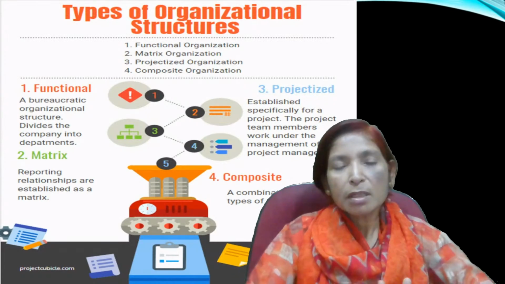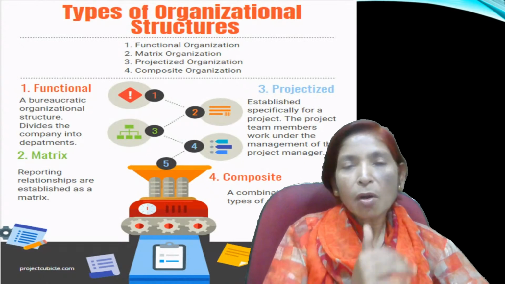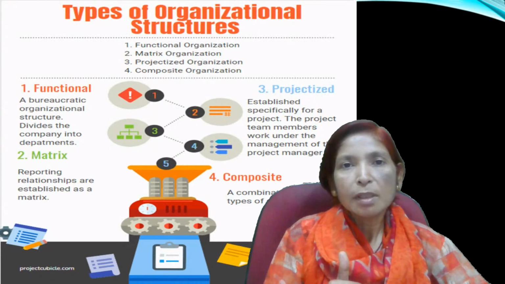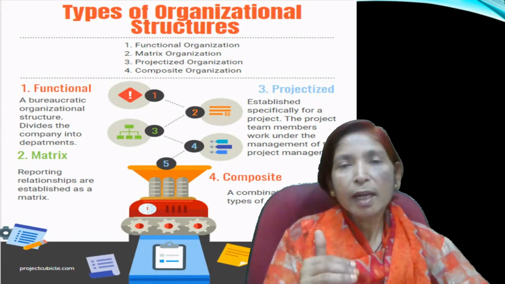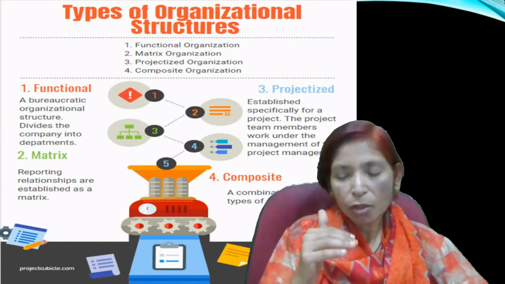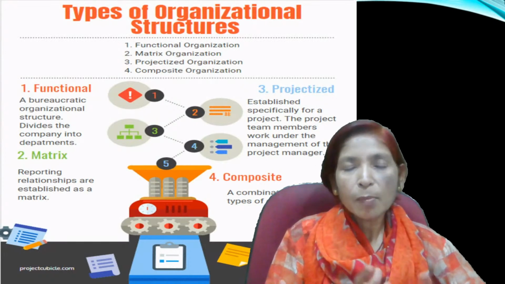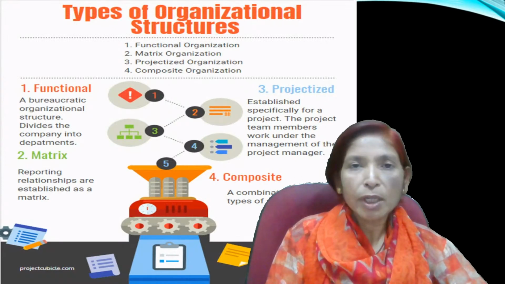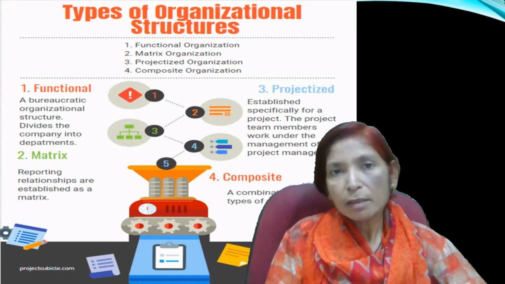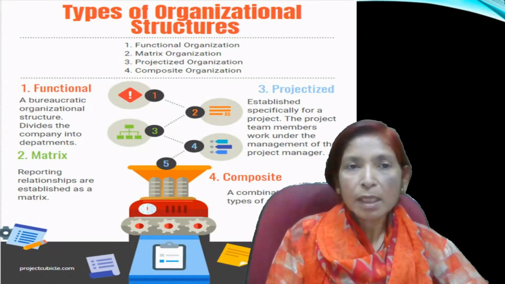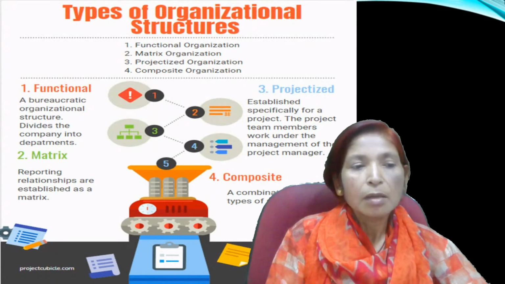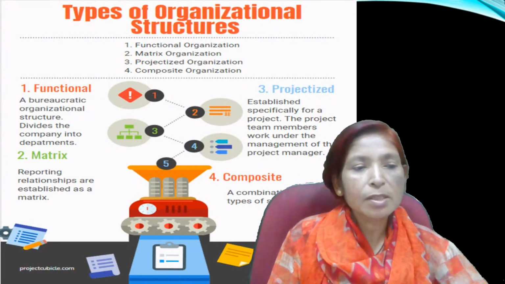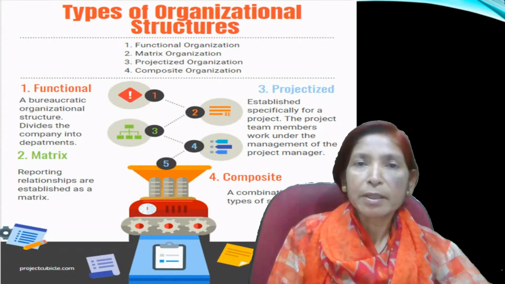You know that in a business organization, there is a top management level, middle management level, and lower management level, and some subordinates who work under the top level of management. So what type of relationship is there between managers and employees, and subordinates and their group leader? Matrix organizational structure mainly tells us how relationships are established in the form of a matrix.